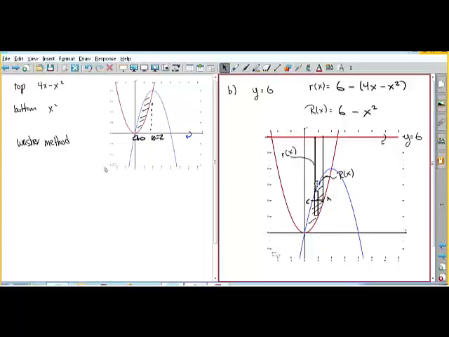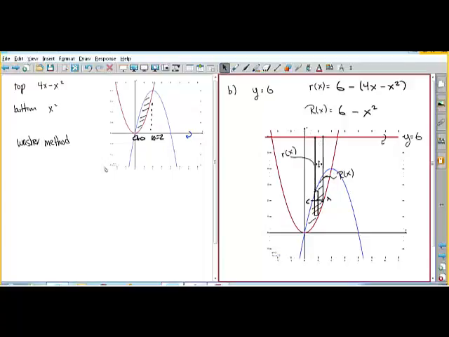Because the distance from the x-axis to, say, the blue curve is 4x minus x squared. And if the total distance from the red line to the x-axis is 6, the distance from here to the blue line is going to be 6 minus the distance from the x-axis to here. So it's just saying the total distance is 6. And if this distance is the function, then this distance is 6 minus the function.